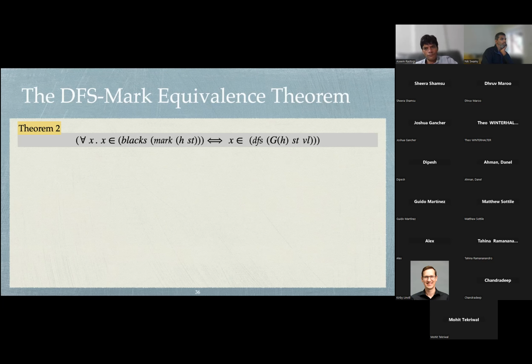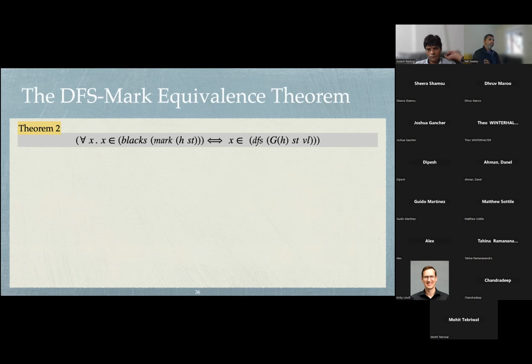Okay. So now this is very important: how we have proved the DFS-mark equivalence. Like the DFS proof, this also is a little bit tricky. We need to be very careful while doing this proof. What this theorem says is that once mark finishes, it will output a resultant heap.